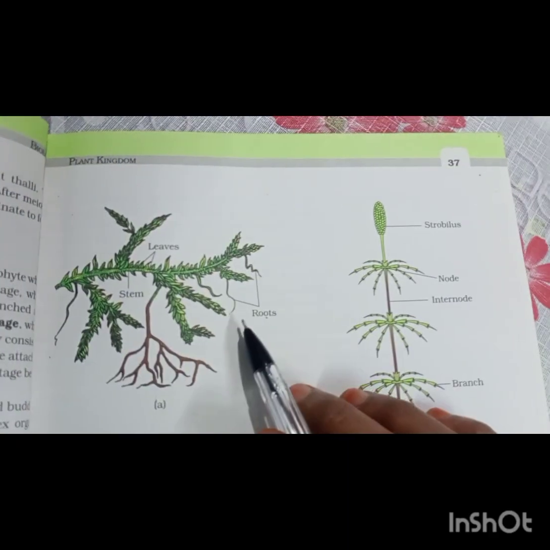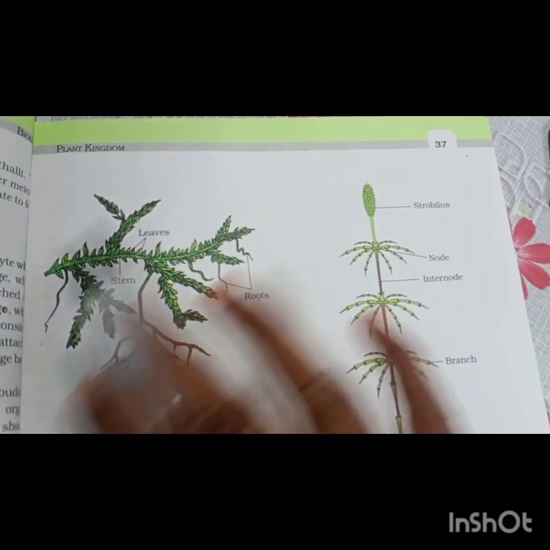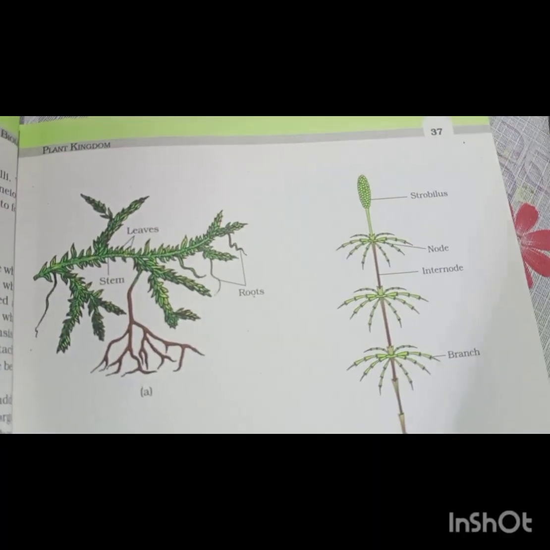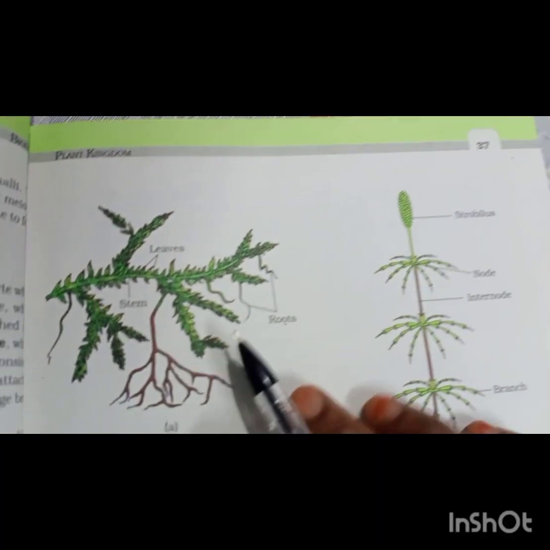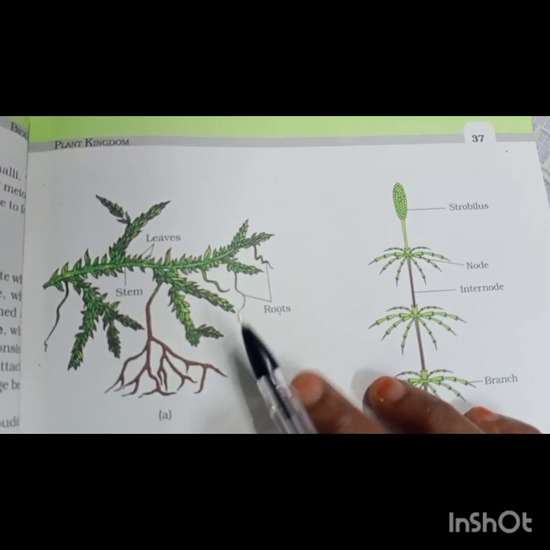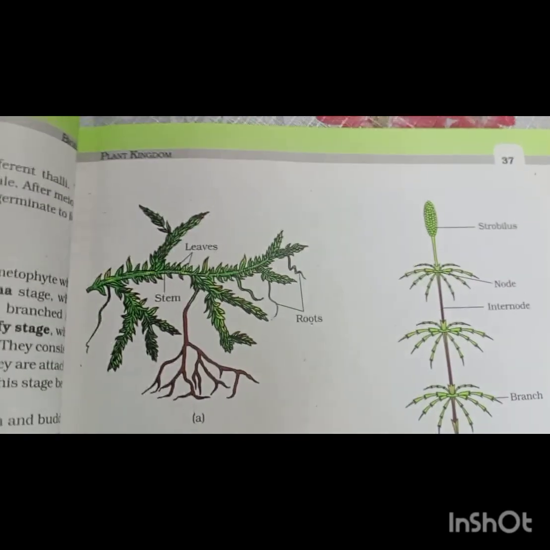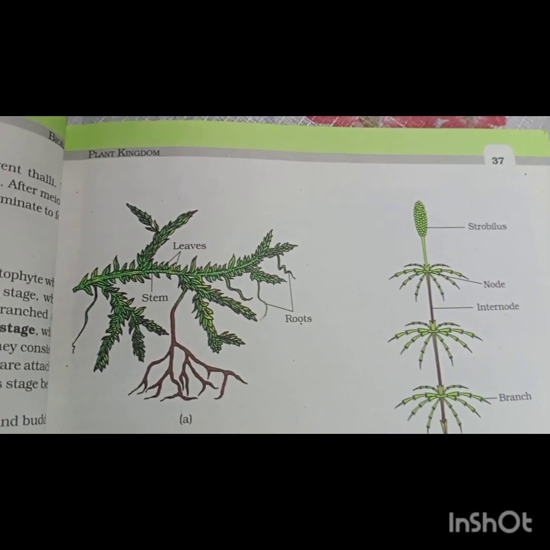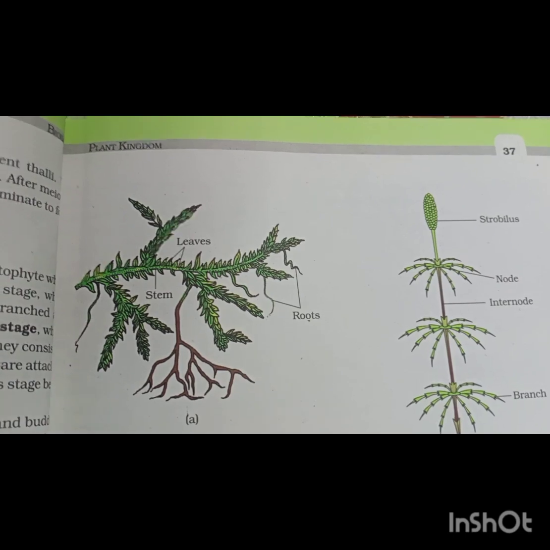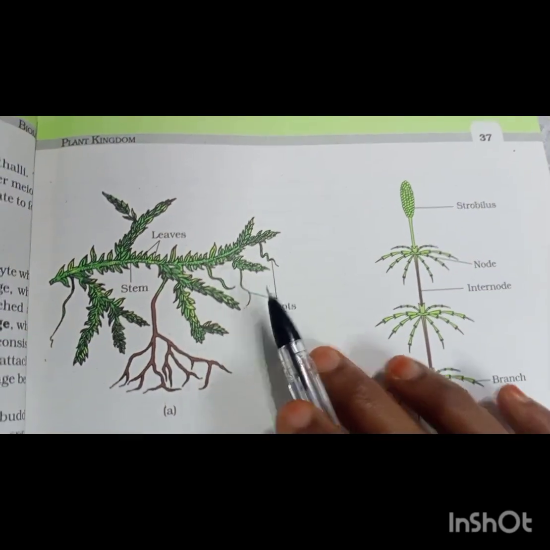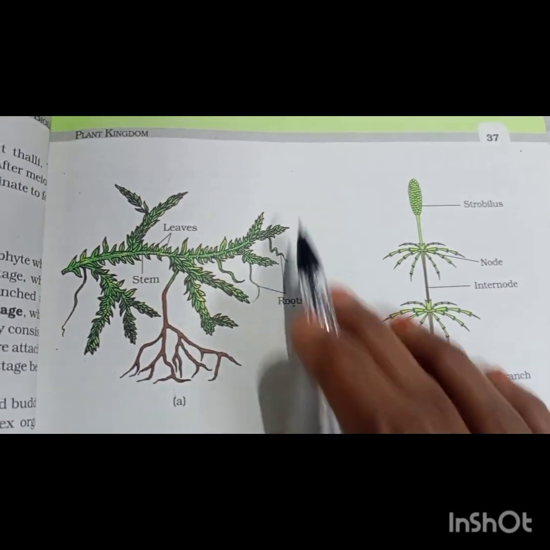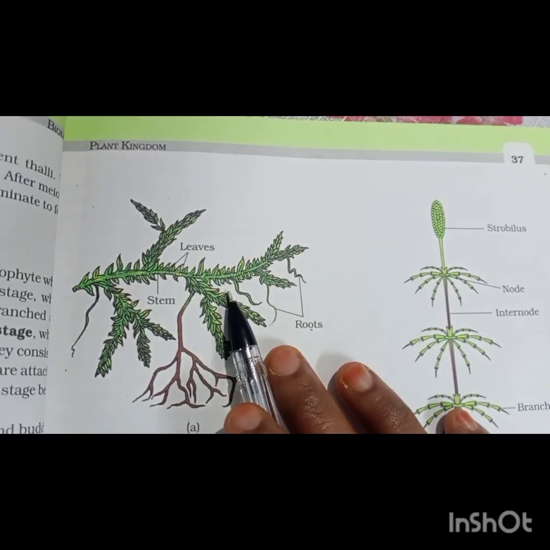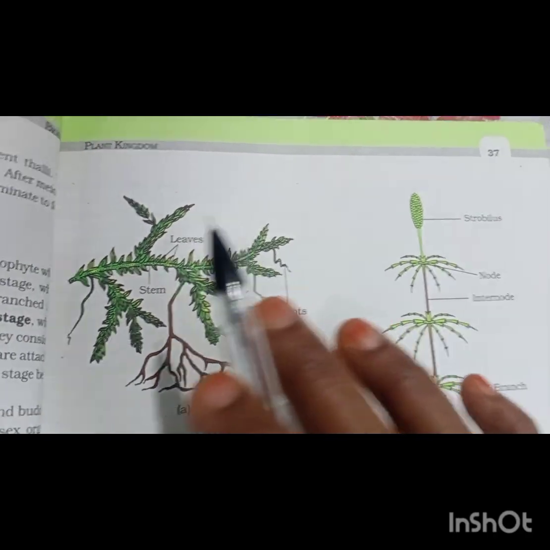It means it possesses true root, leaf and stem, just like plants around us, but it doesn't bear flowers, and hence it will not develop fruit and seed. Instead it will reproduce by spores. So it has a structure like plants, but reproduces by spores.